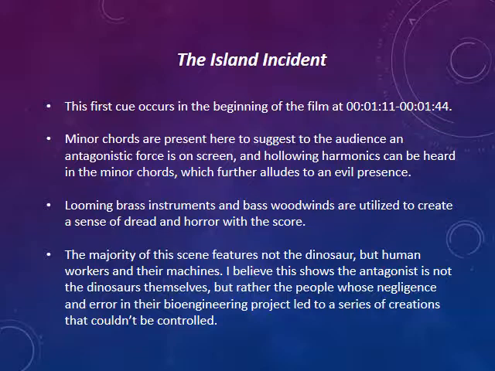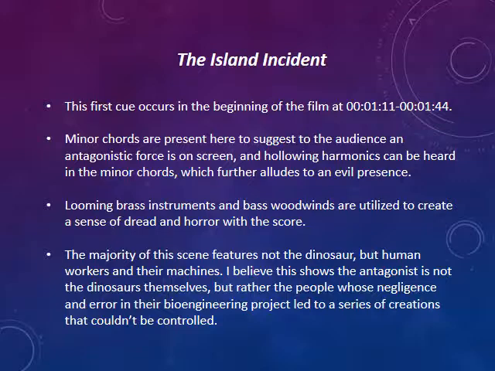Minor chords are present here to suggest to the audience an antagonistic force is on the screen, and hollowing harmonics can be heard in the minor chords, which further alludes to an evil presence. Looming brass instruments and bass woodwinds are utilized to create a sense of dread and horror with the score.